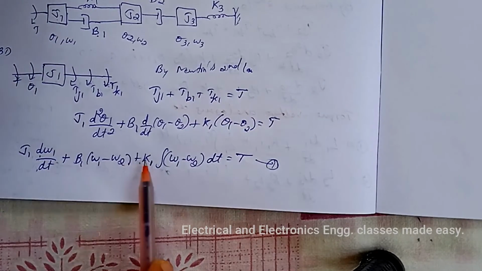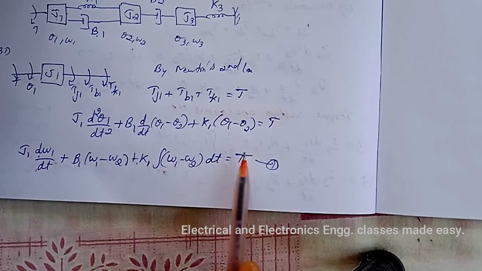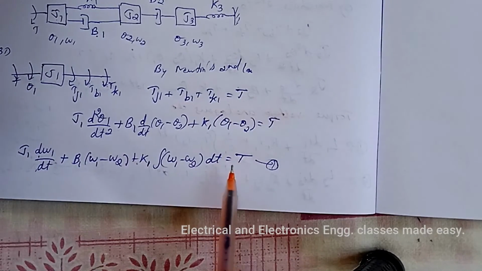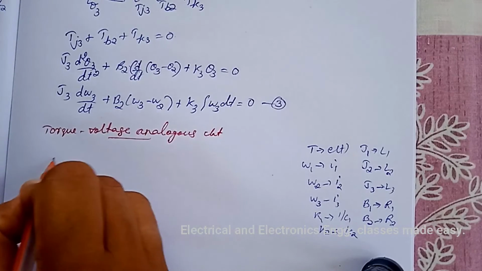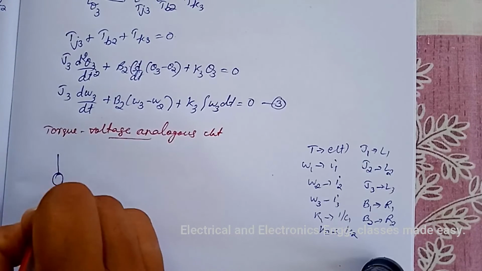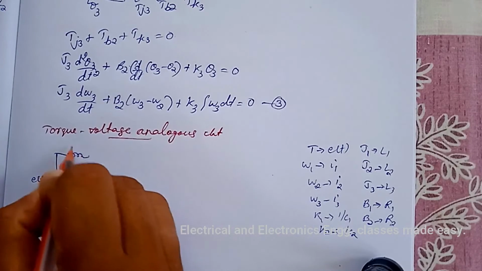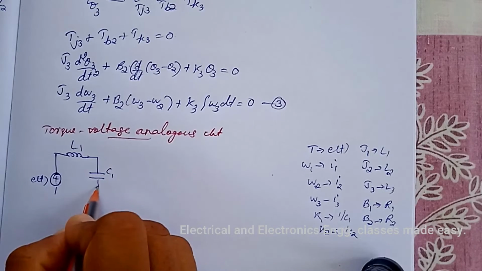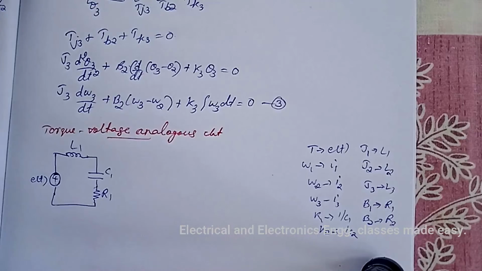So these two are common elements, and the other two elements are J1 and T. That is, J1 is inductor and T is the voltage source. So let us draw the voltage source E of t, then inductor L1, then common elements are C1 and then the resistor R1. So this is the first loop.